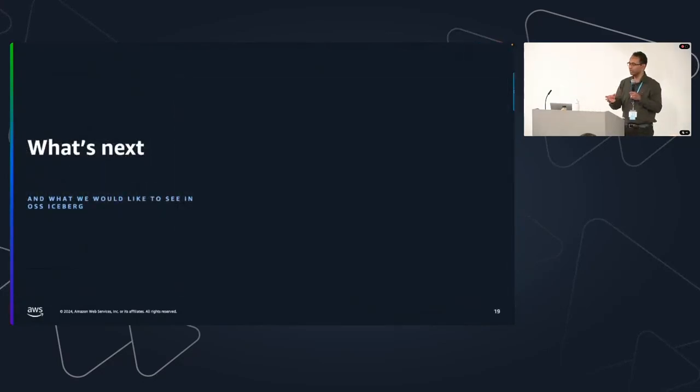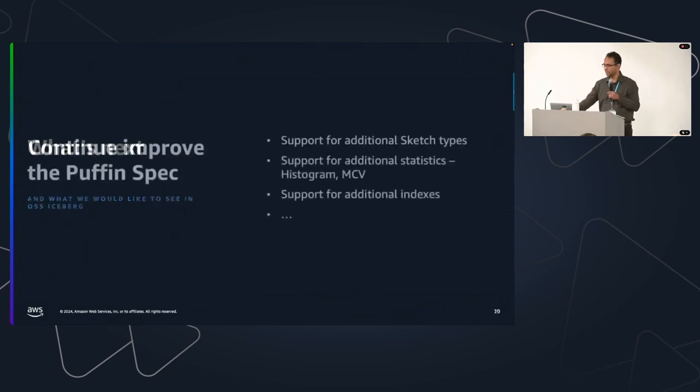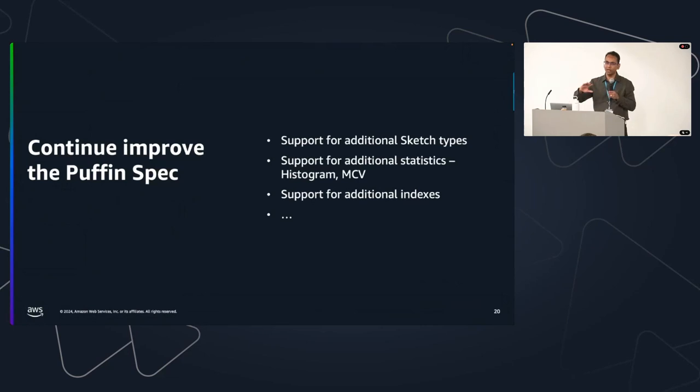What is the set of optimizations or additional statistics, secondary indexes, that could help improve the queries further? Some of the things that we tried out, and are researching all the time: what about supporting theta sketches? What about HLL sketches? Can they be more performant?